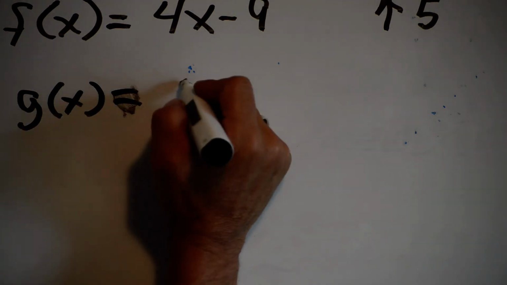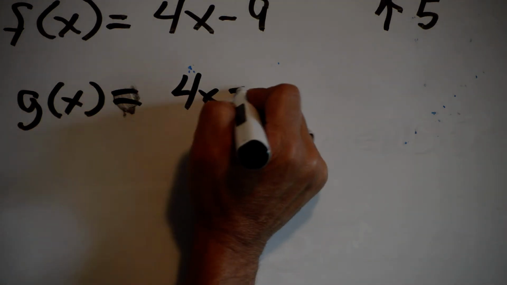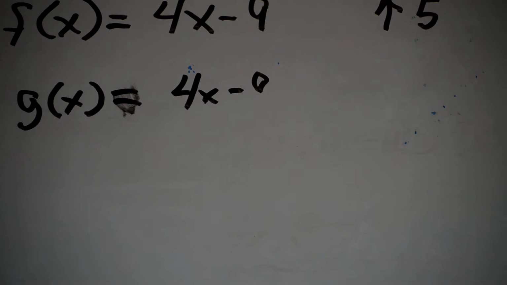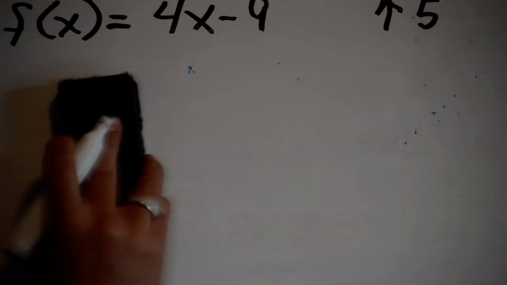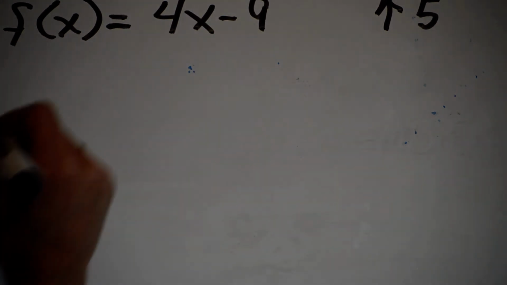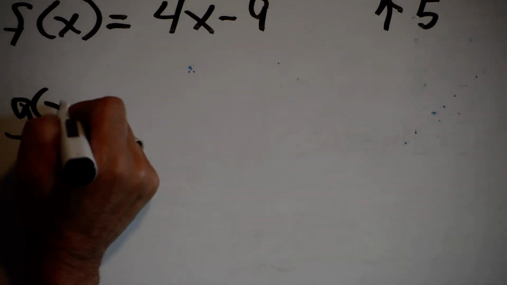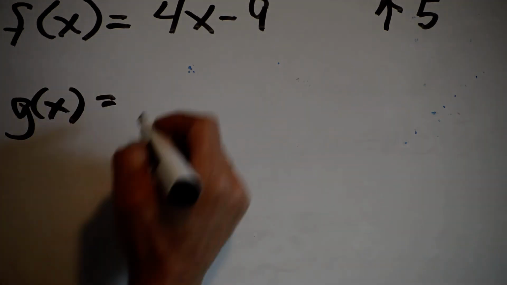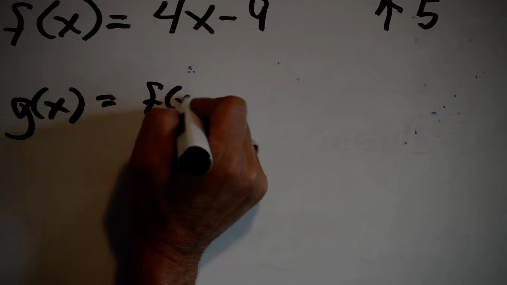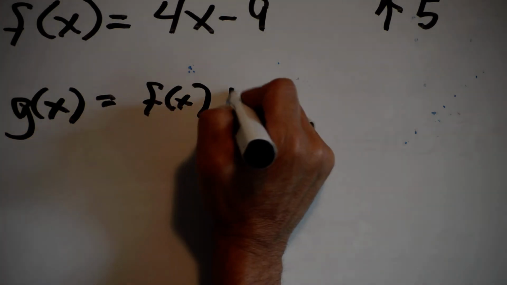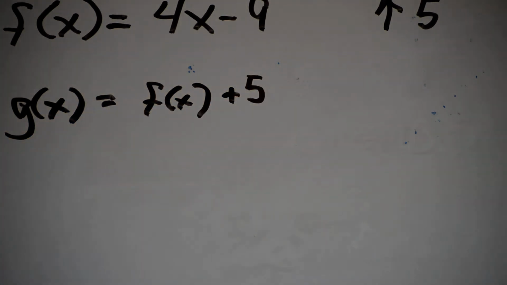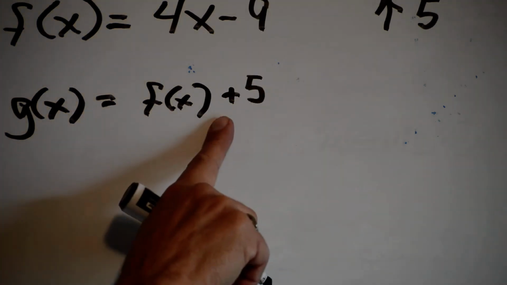So I have 4x minus 9. Let me do it this way. Maybe some of you will see it easier if I say this. So g of x is going to give me that original function f of x, and then we're going to add 5 to that because we're going up, so it goes with the sign.